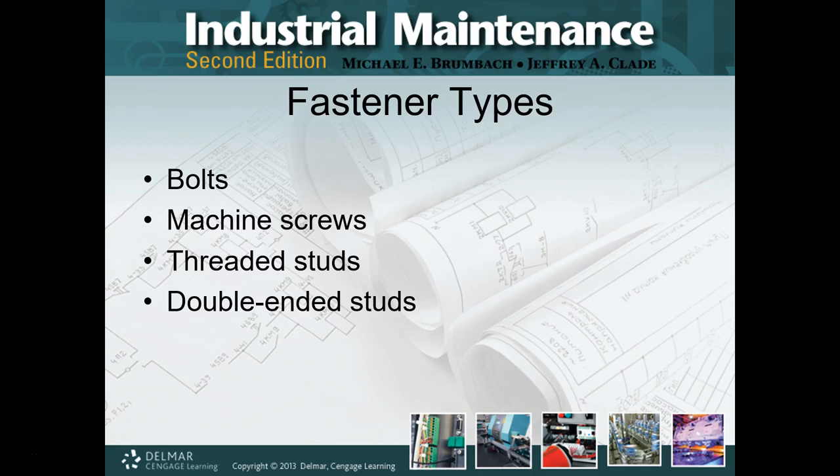There may be an area that is not threaded, known as a shoulder, and that's where you typically want your flange or your piece of material to rest, so you're not damaging threads. So it depends on what you've got and what you're working with.